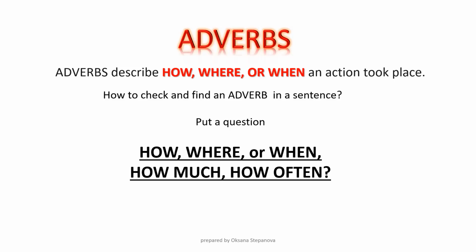If you really struggle, you can't find an answer. So in a sentence, we have words, and we can ask questions to those words. In the case of adverbs, we always ask how, where, when, how much, how often.